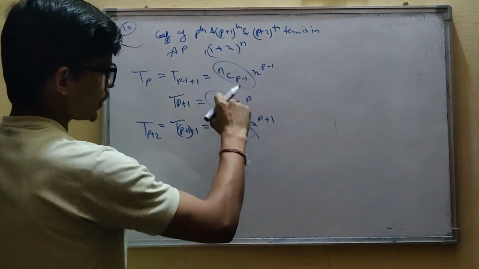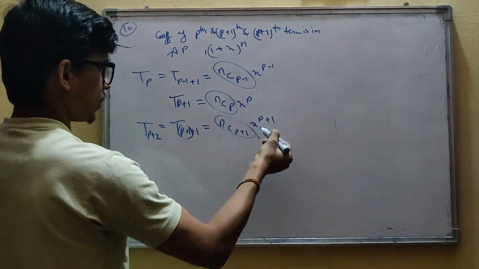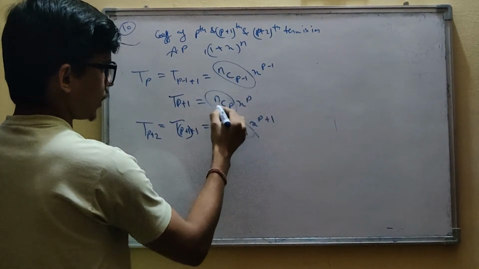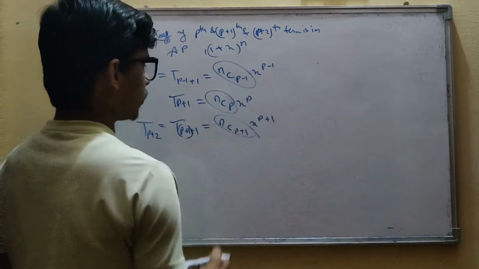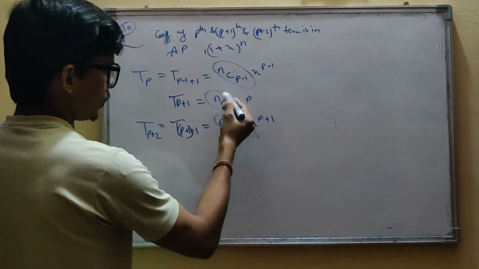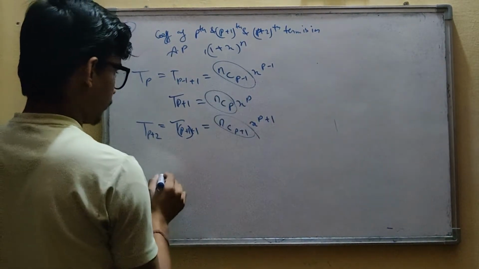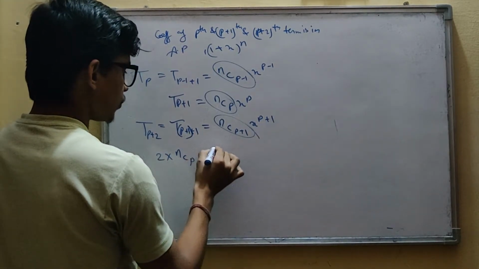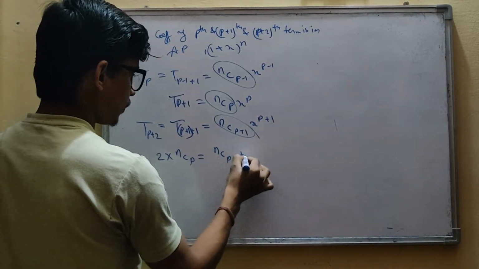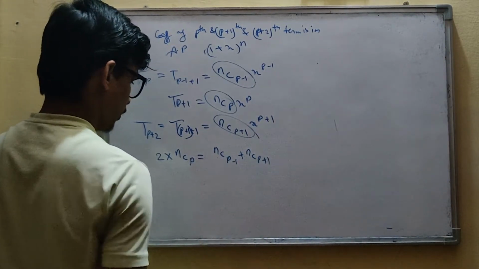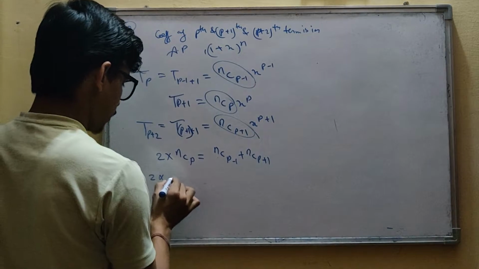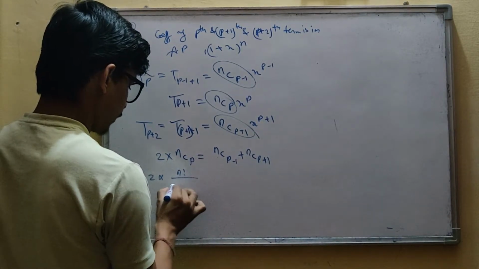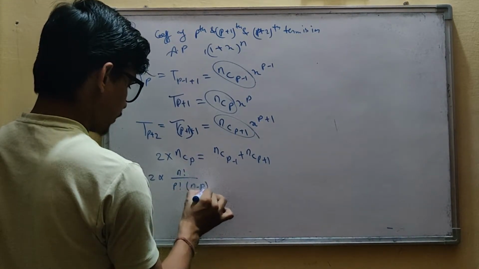So we have to check which equation holds. Because these three terms are in AP, first term, second term, third term, the middle term is the average of the remaining two, so double the middle term equals the sum of the other two. This can be written as 2 into nCp equals nC(p minus 1) plus nC(p plus 1), right? If you expand it, this is n factorial upon p factorial into n minus p factorial.